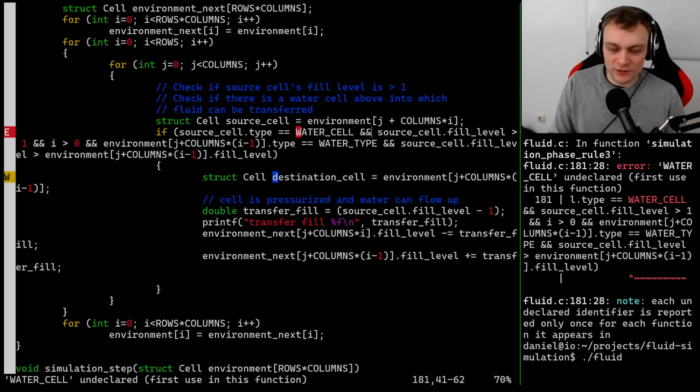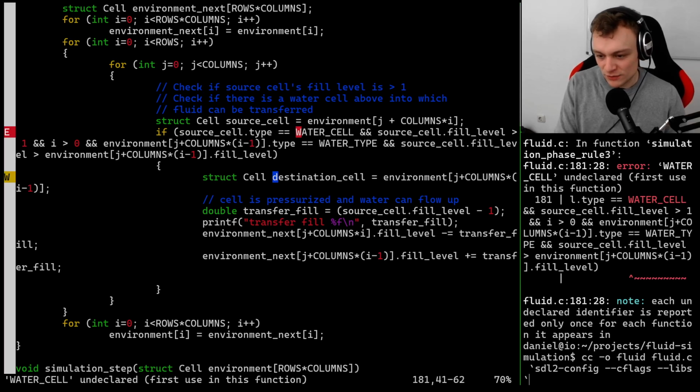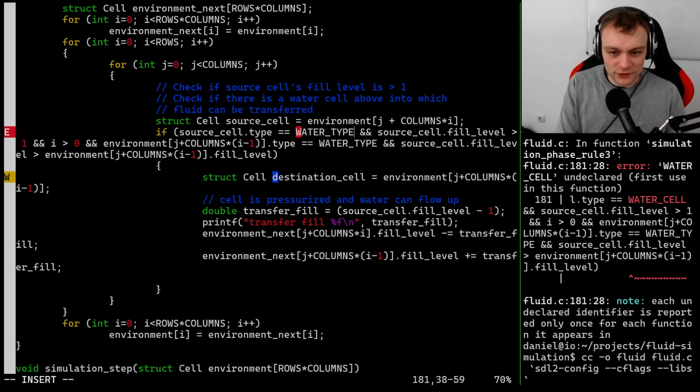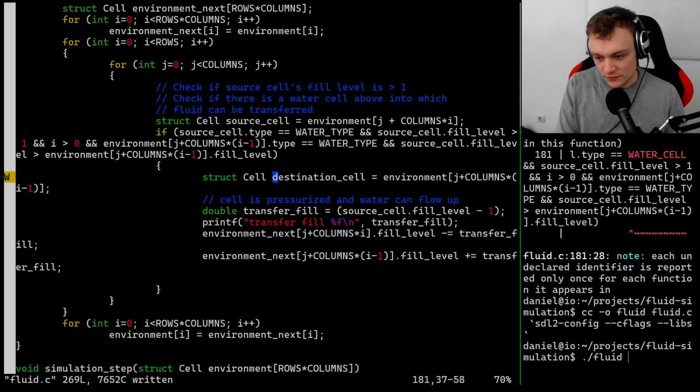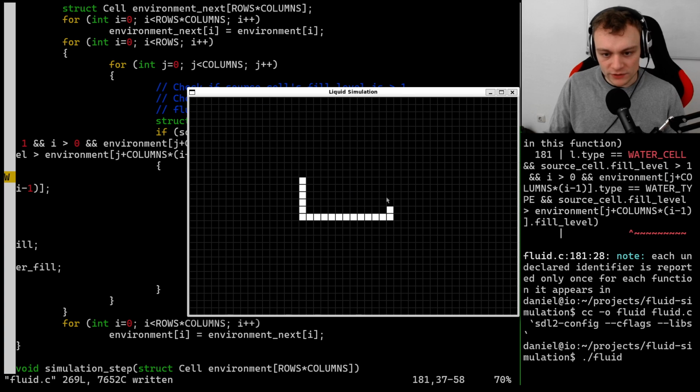Also, we increment the pressure on the solid cells, which makes no sense, but it shouldn't be a problem. As long as they are properly handled, we can just ignore the pressure value there. Let's see, now I would expect it to be working.